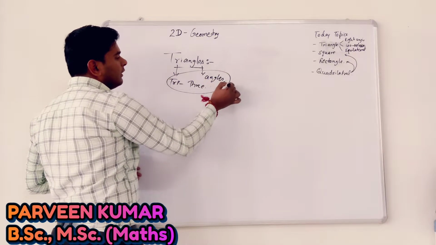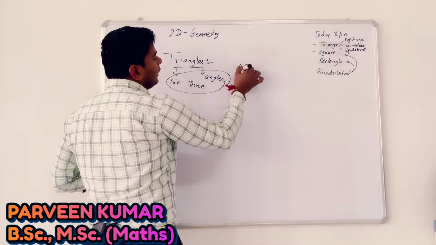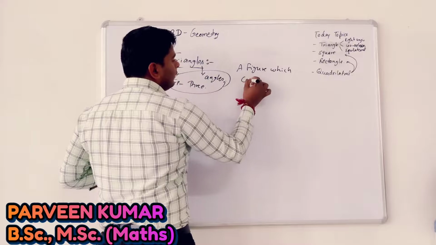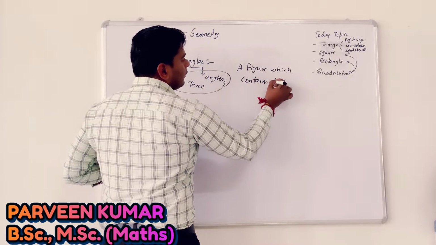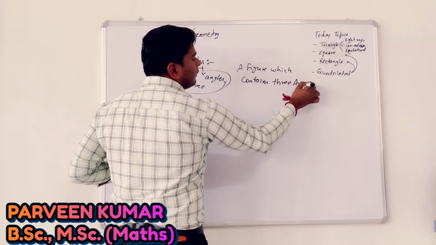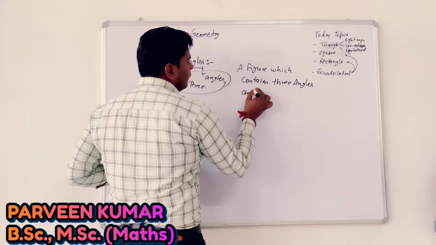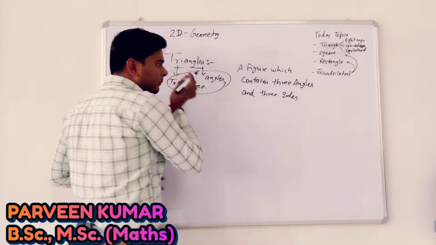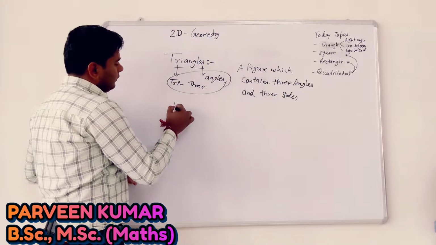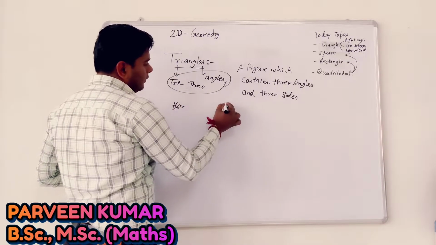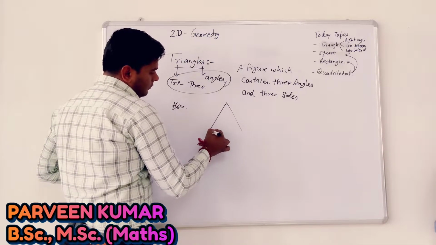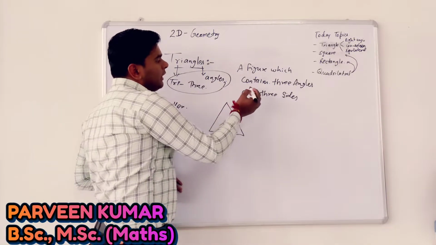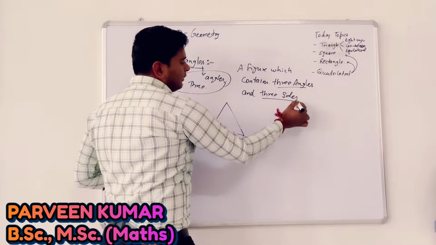It is a figure which contains three angles and three sides. Here, this figure is known as a triangle because it has three angles and three sides.